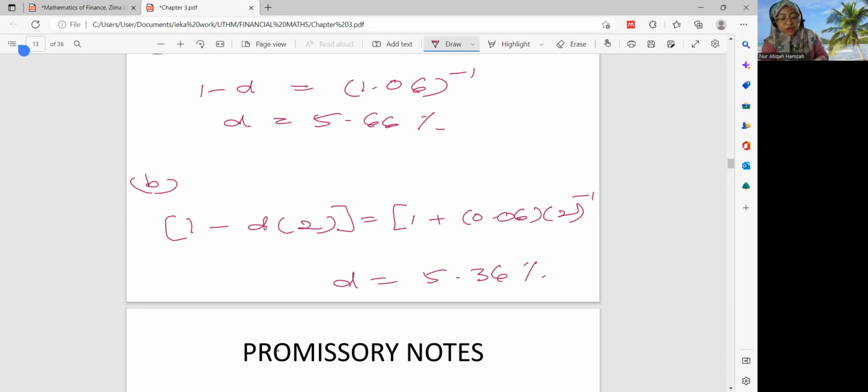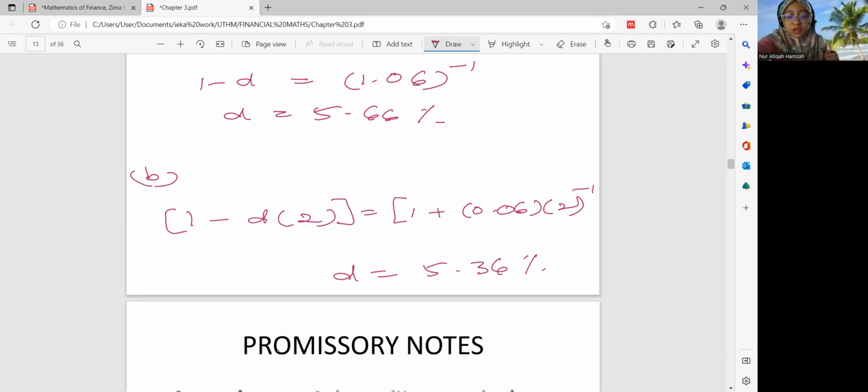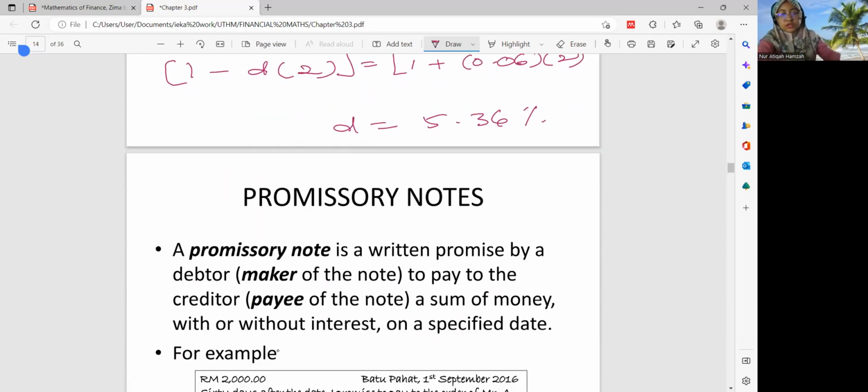Okay, next we have promissory notes. In your RPP, you can see this is topic 3.2. We have promissory notes.